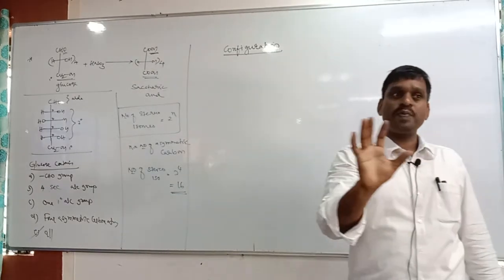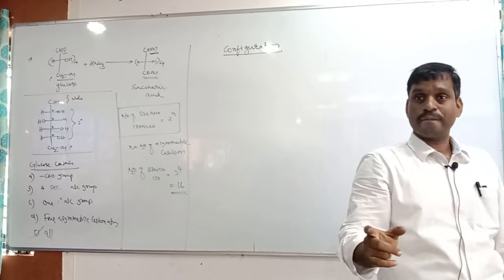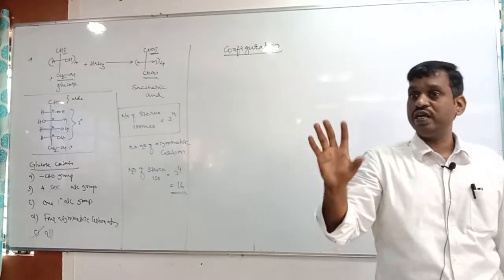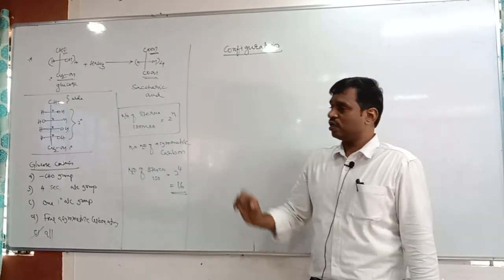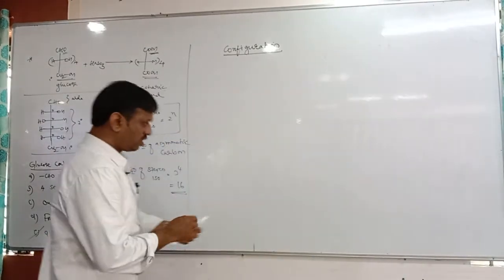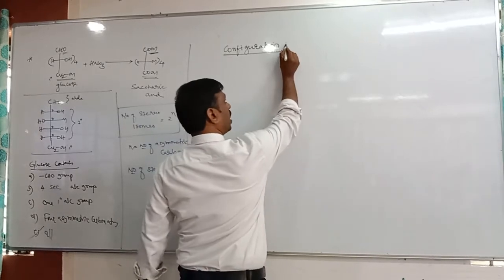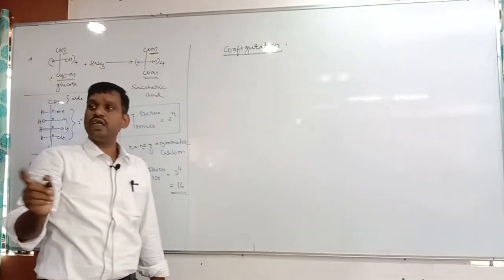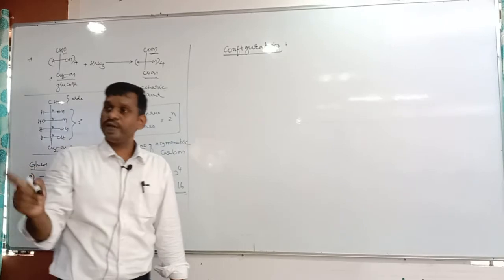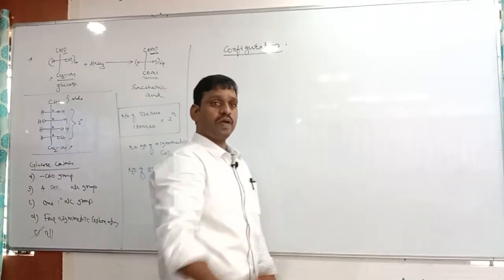Now, capital D and capital L do not indicate rotation, not dextro or levorotatory. So what do they indicate? Configuration. The simple definition of configuration is the spatial arrangement of atoms, particularly hydrogen and OH groups, on an asymmetric carbon atom.